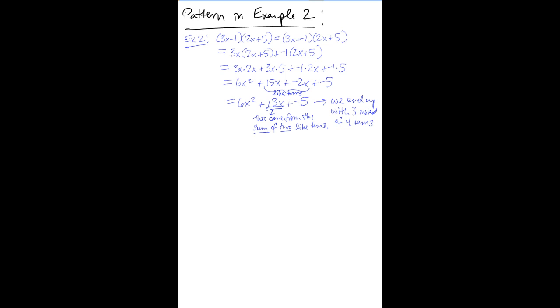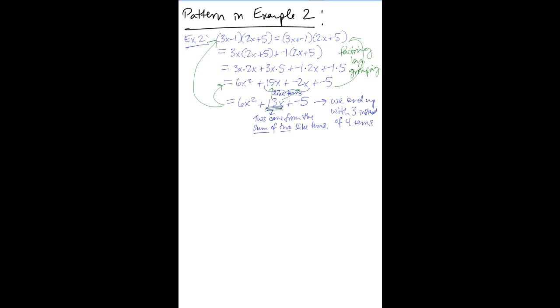So if we want to go backwards in this case, if we want to start from this step and end up back to this step, we have to figure out how can we break this 13x up into these 2 pieces. How do we figure out what those 2 like terms were? Because notice, if we can get from this step to this step, all of this is just factoring by grouping, which we already know how to do.